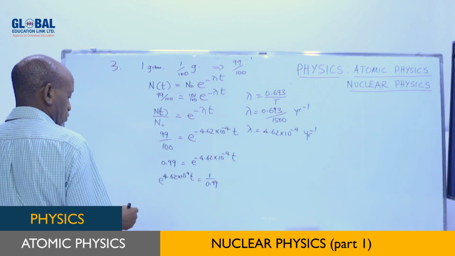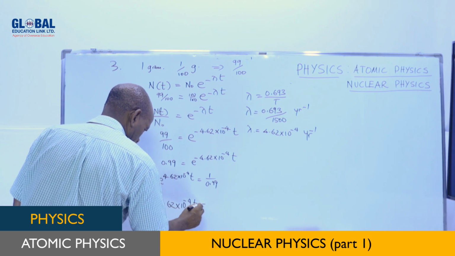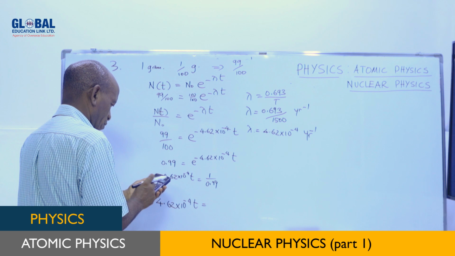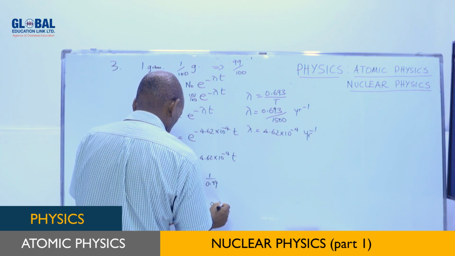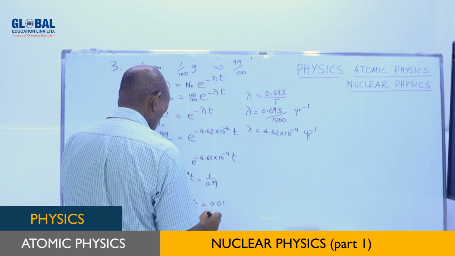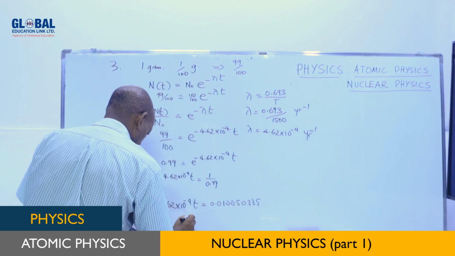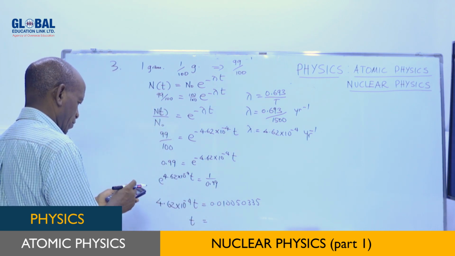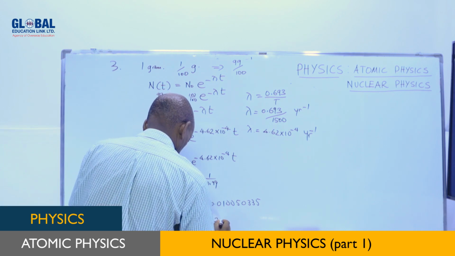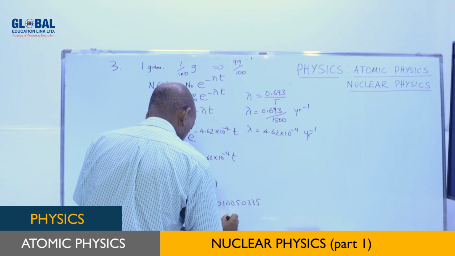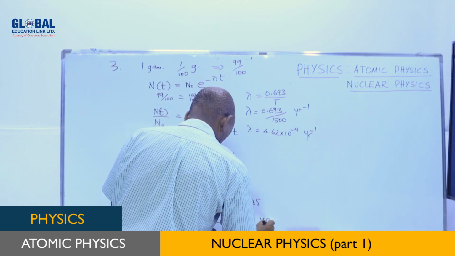And if I take ln of both sides, I'll be having 4.62 times 10 power minus 4 t equal to the ln of that, which is equal to 0.01005033. So for the value of t, I have to divide by 4.62 times 10 power minus 4, and I'm getting 21.7539 years.